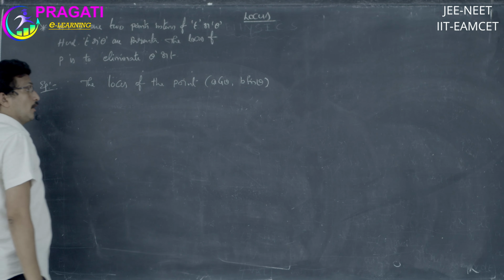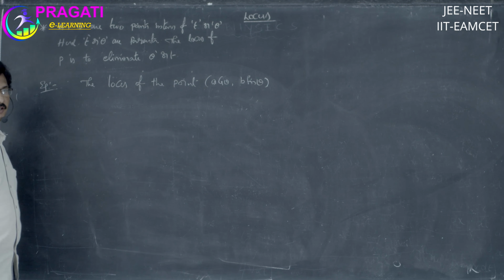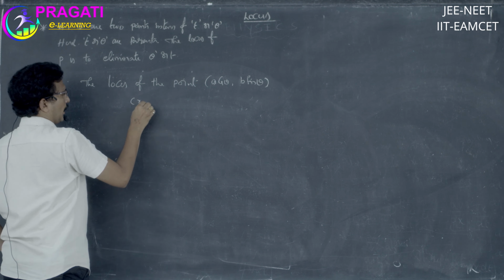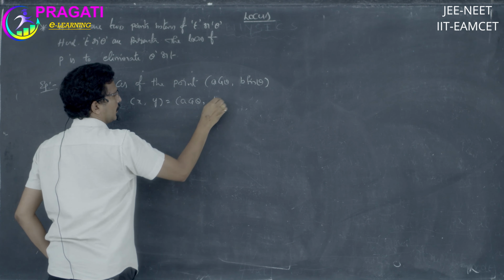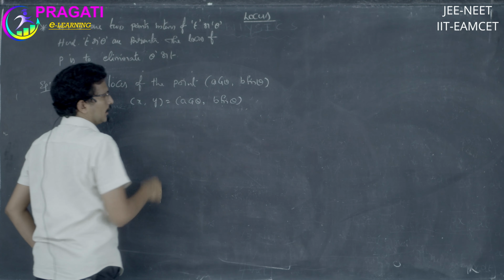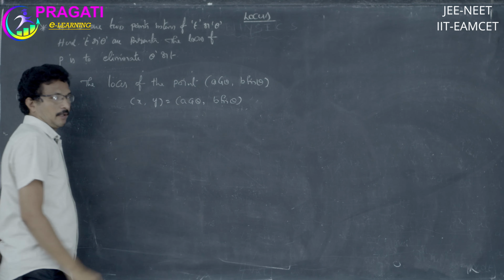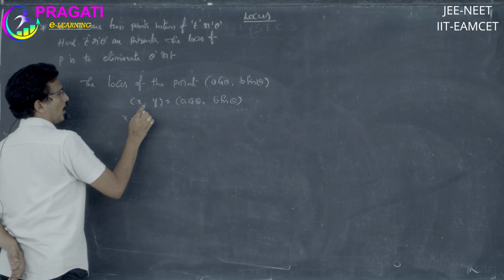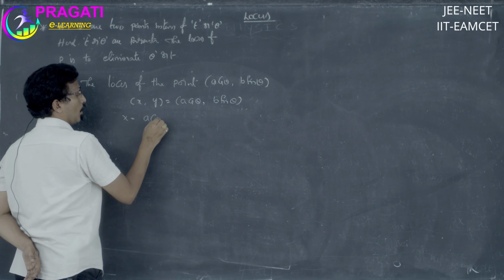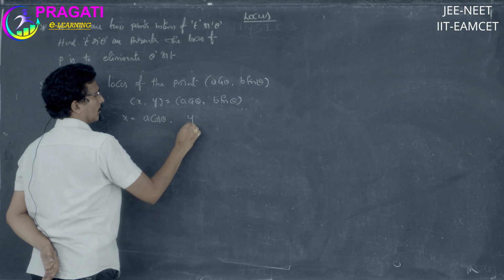The locus of the point (a cos theta, b sin theta). Locus of the point is denoted by (x, y), and the given point is (a cos theta, b sin theta). Here theta is the parameter. To eliminate theta, then we get the required locus equation. If two points are equal, then the corresponding places are equal.